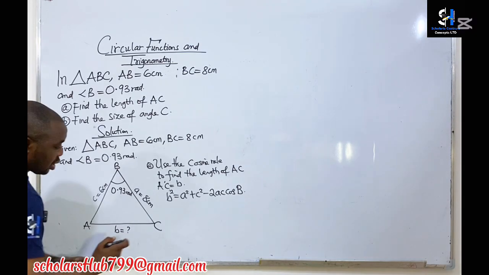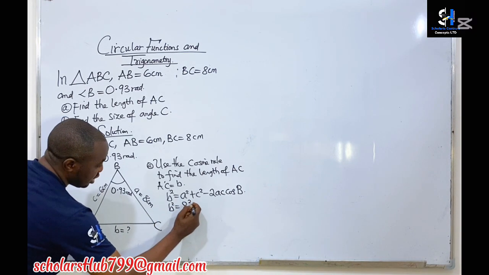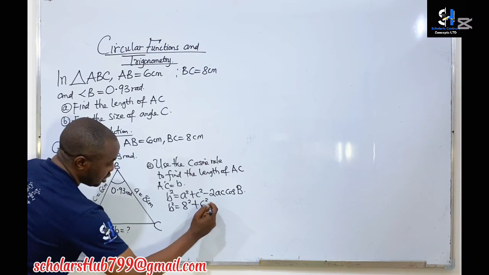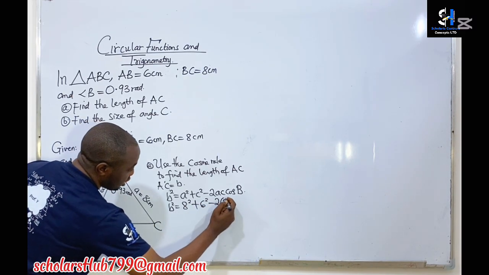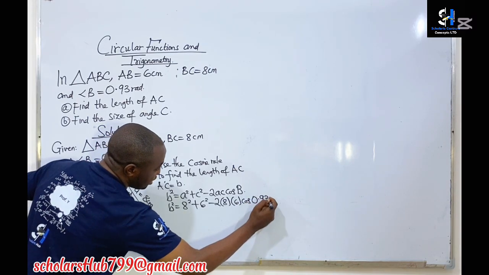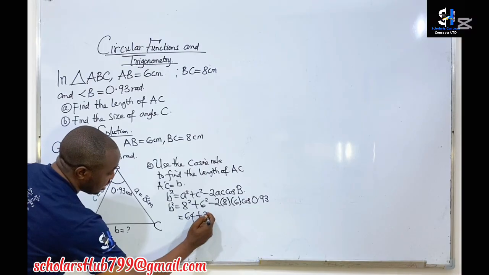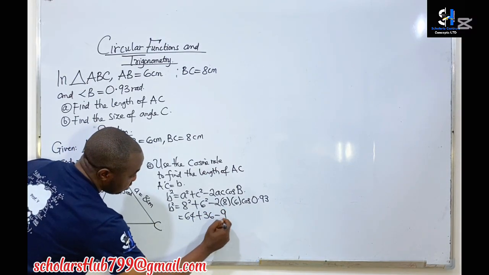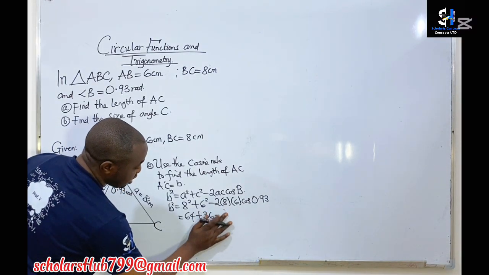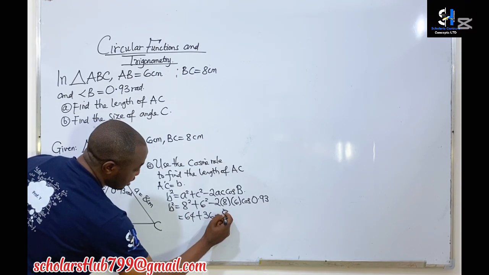To calculate the value of b, we can say b squared equals a, which is 8, so 8 squared plus 6 squared minus 2 times 8 multiplied by 6, then cos 0.93. Now this will be 64, this is 36, and 8 times 6 is 48. 48 times 2 will be 96.